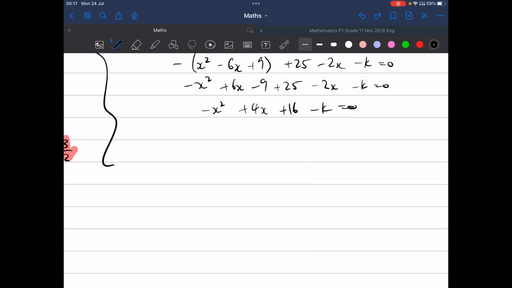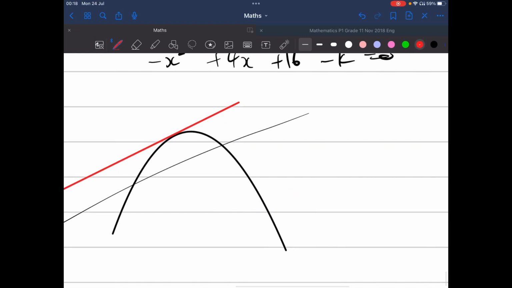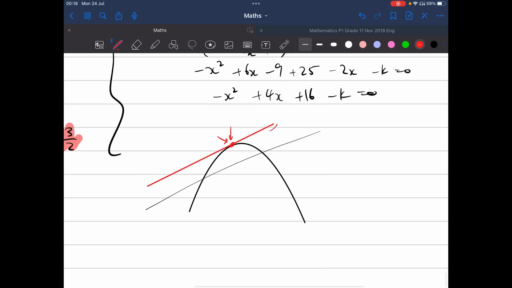If you take a normal parabola and draw any other line, like that, I'll find 2 points of intersection. But with a tangent, I only have 1 point of intersection. So that means that the roots, because there have to be two roots, will be at the exact same point. So there are equal roots.